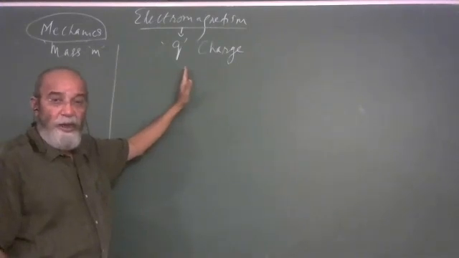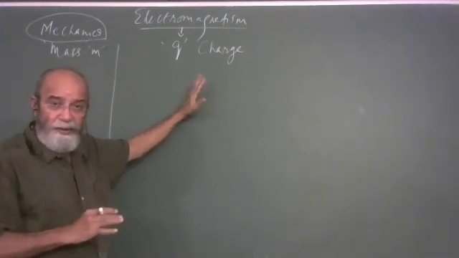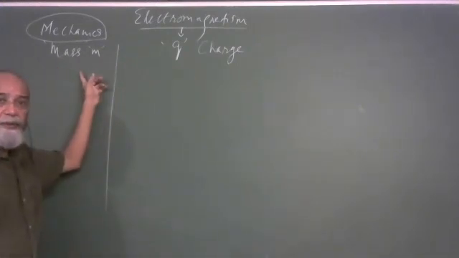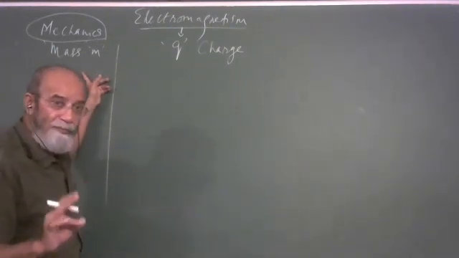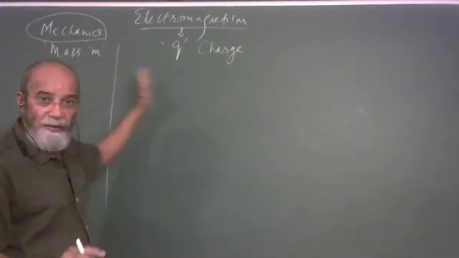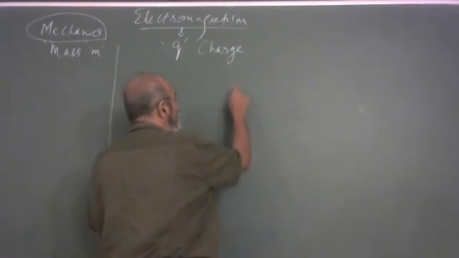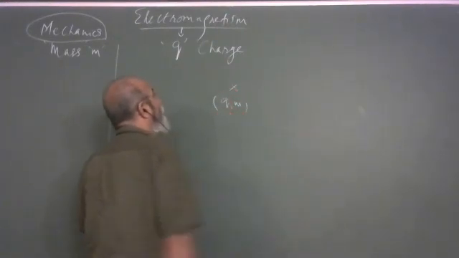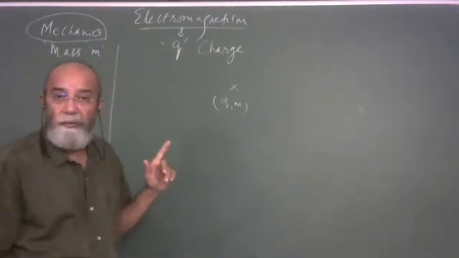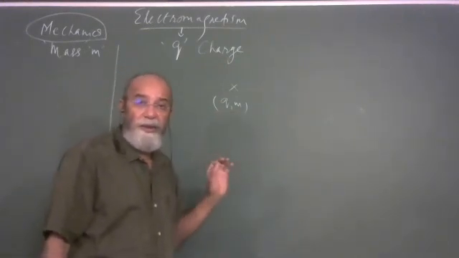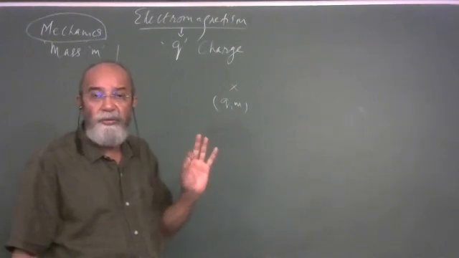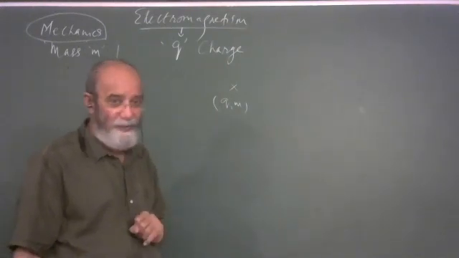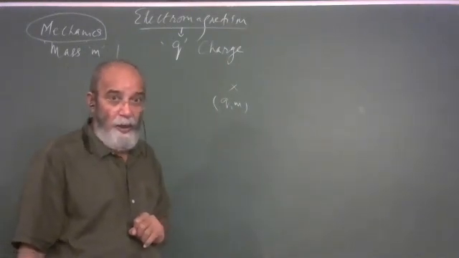And then as I move into electromagnetism, because I already have a vocabulary of mass, next time when I take a particle, I will say a particle has charge Q, mass M. See? Why?